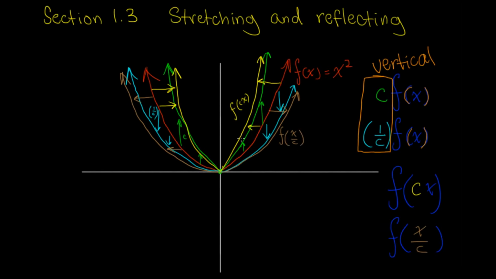Alright, so also we can do reflections, and for this actually I'm going to do a new graph because that was just really messy. And I want to do a different graph. I want to do the graph of f of x is equal to x cubed.